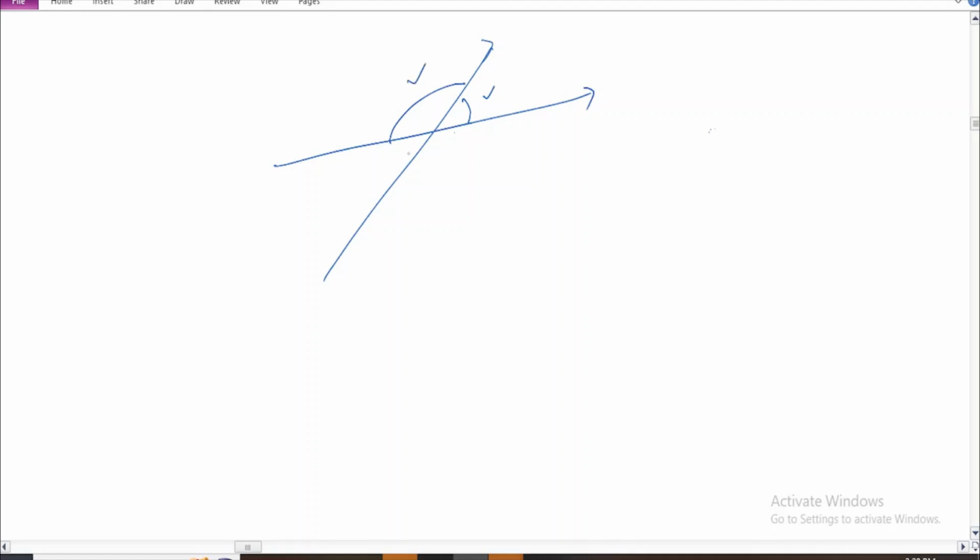The question is about the angle bisector of these angles, right? So clearly the first one is acute and the second one is obtuse, right? But how can we say this one is acute and this one is obtuse?